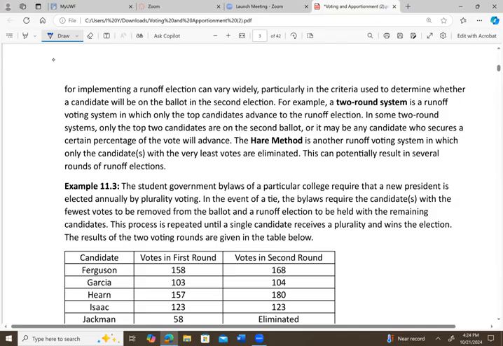In some two-round systems, only the top two candidates are on the second ballot. Or it may be that any candidate who secures a certain percentage of the vote will advance. The Hare method is another runoff voting system in which only the candidates with the very least votes are eliminated. This can potentially result in several rounds of runoff.